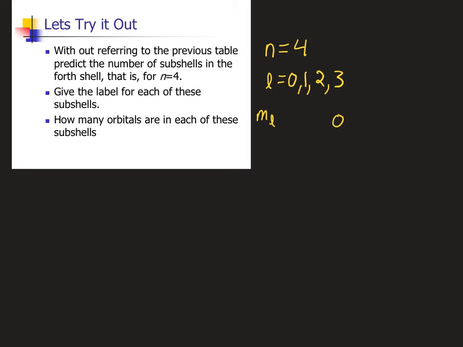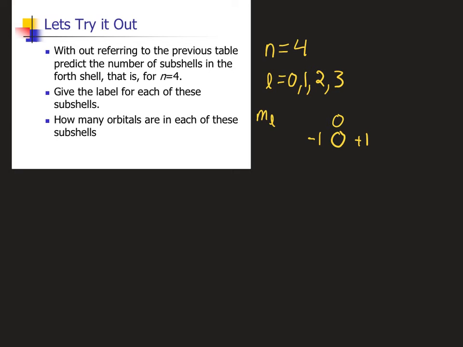Now the 1, we need to find the negative of that, which would be negative 1. And then we increase in integers till we get to that same value. Well, negative 1, then we get to 0, and then just 1. I like to write plus 1, okay?